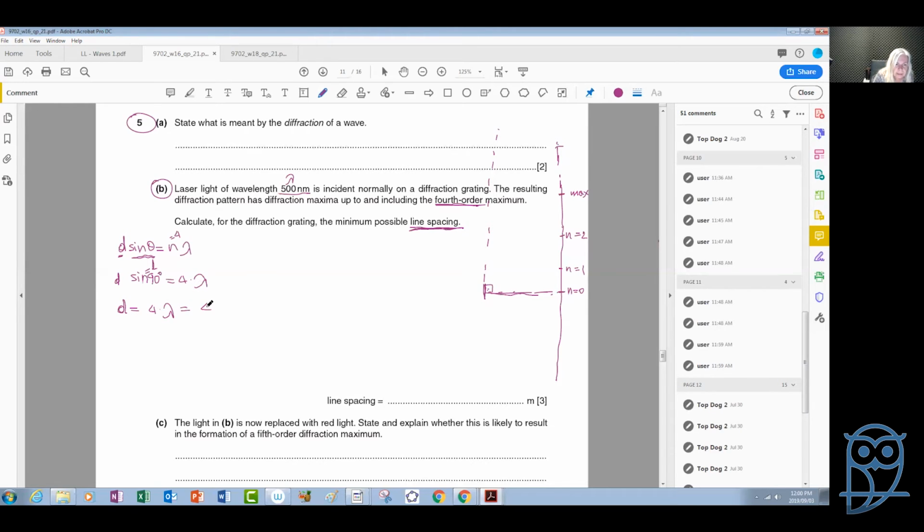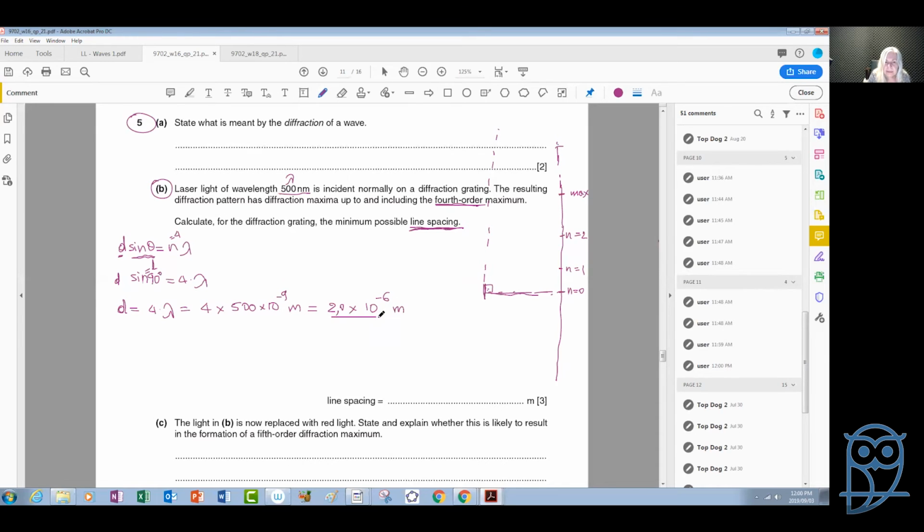So let's replace the value here. The 500 nanometers: nano is 10 to the power of minus 9 meters. 4 times 500 is 2000, which will be 2 times 10 to the power of minus 6 meters.